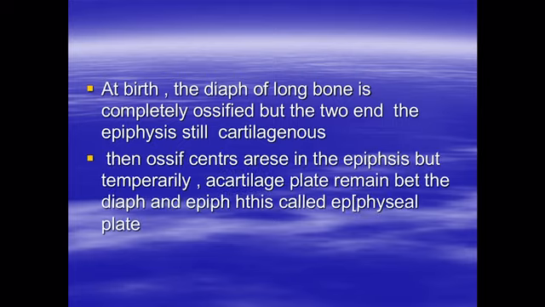Then, ossific centers arise in the epiphysis, but temporarily a cartilage plate remains between the diaphysis, which is already ossified, and the epiphysis. They call this plate the epiphyseal plate.